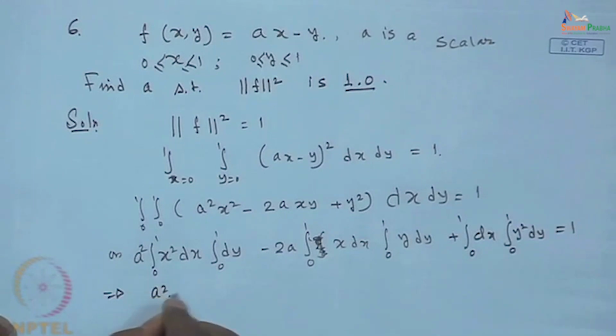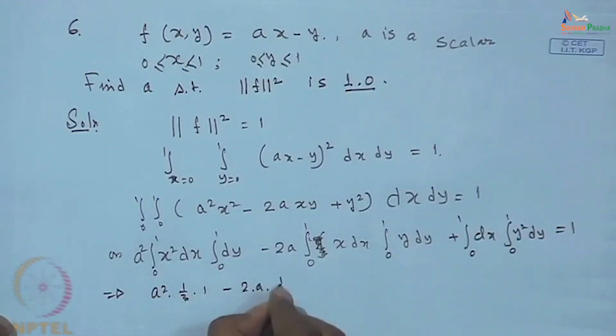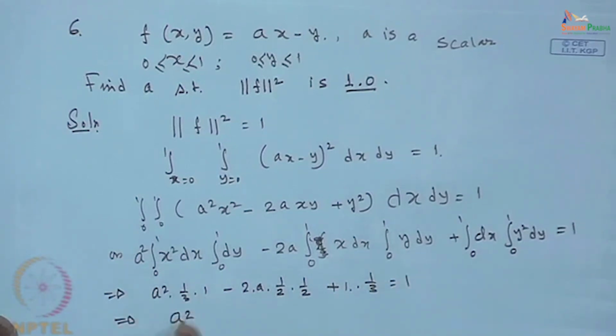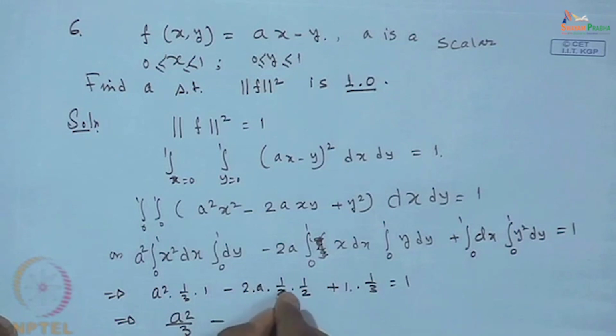So, a square into 1 upon 3 into 1 minus 2a, 1 upon 2 into 1 upon 2, plus 1 into 1 upon 3 is equal to 1. So, you will be getting a square by 3, 2 cancels out. So, a by 2 plus 1 upon 3 is equal to 1.